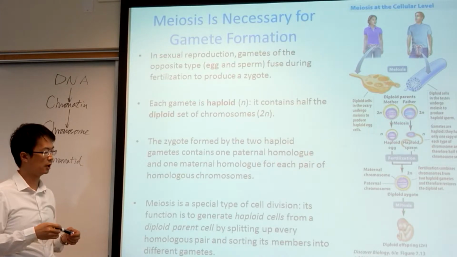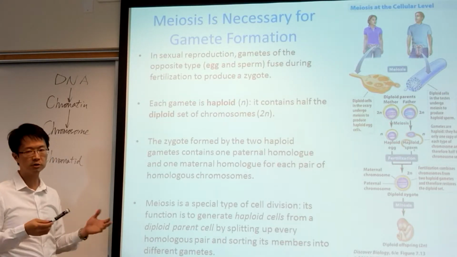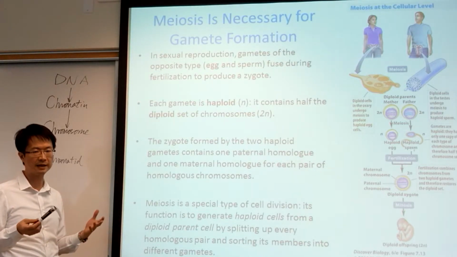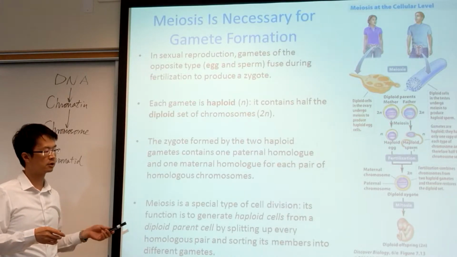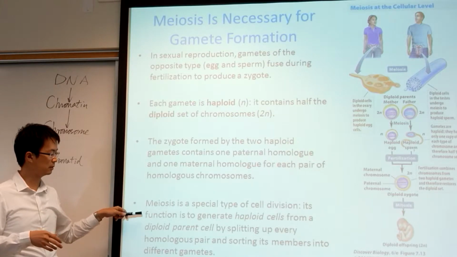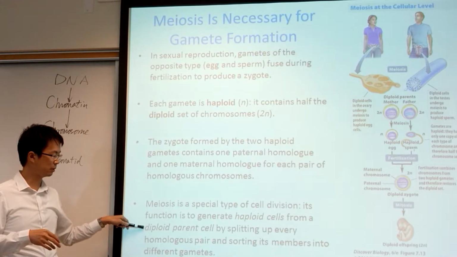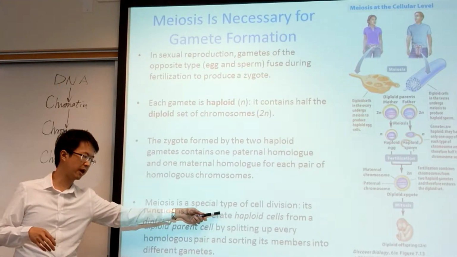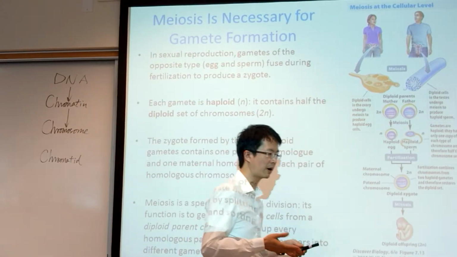And also, in mitosis, the parent and daughter cell are identical. But in meiosis, the number of chromosomes goes from the parent diploid into the daughter cell haploid. So it is decreased by half.